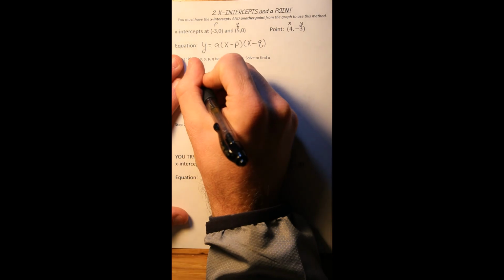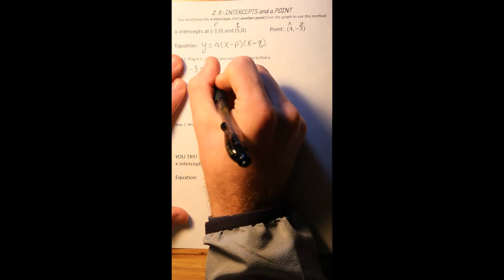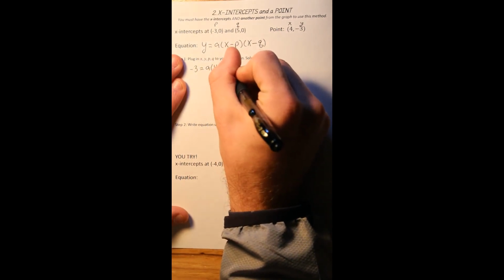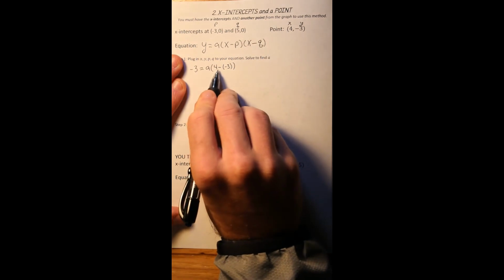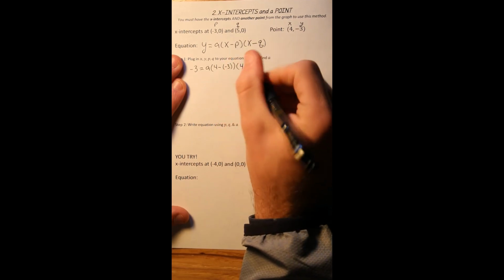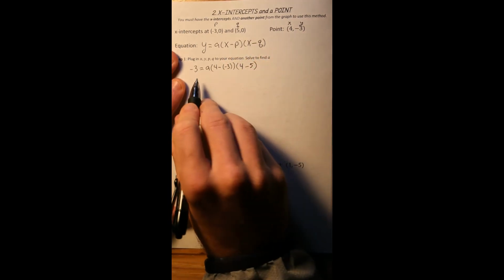Okay, so now I'm going to plug everything in. So y is negative 3 equals a. X value is 4. 4 minus p, so minus negative 3. Don't forget the parentheses. Minus a negative is different than minus a positive. Times 4 minus, in this case, 5. And so now all I need to do is solve these three pieces.